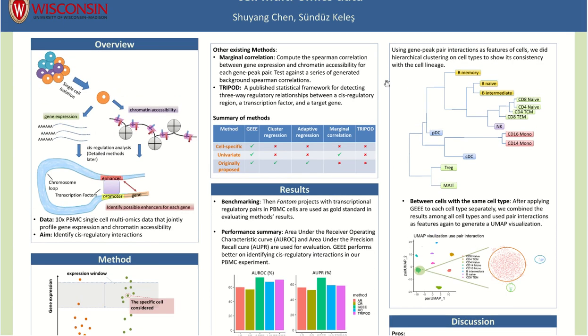Also, since we have the cell-specific regulatory interactions, we used these interactions as features of cells and did hierarchical clustering on cell types and find that they somehow recapitulate the cell lineage. We can see that the cells from similar cell types are actually grouped closer to each other.